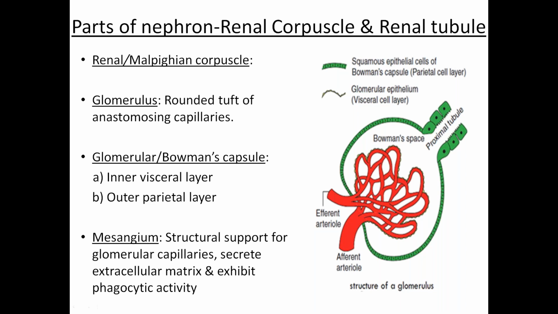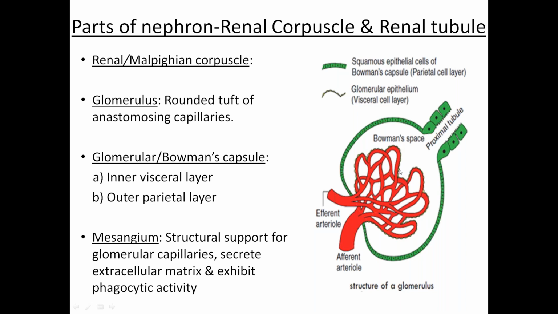Then we have a glomerular or Bowman's capsule. And this capsule is the one which encloses the glomerulus. It's formed of two layers. One is the inner layer covering the capillaries. Here, this thin layer covering the capillaries is known as your visceral layer.